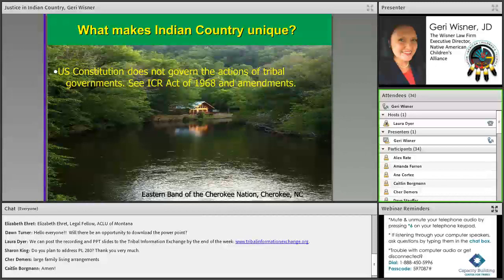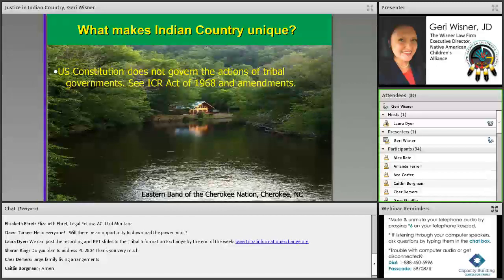However, in 1968, Congress recognized that there was nothing governing the actions of tribes, so they passed the Indian Civil Rights Act. When they passed the Indian Civil Rights Act, they basically cut and pasted everything from the Constitution and the Bill of Rights to then reflect what's in the Indian Civil Rights Act, with the exception that if you cannot afford an attorney, then too bad, so sad.